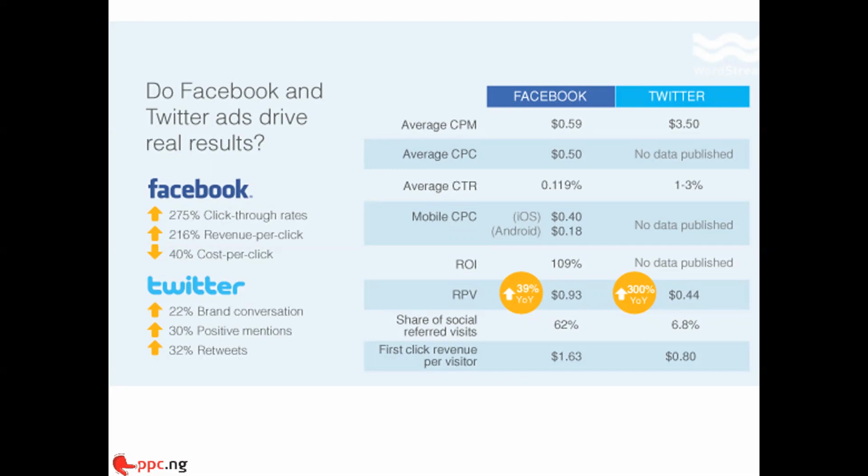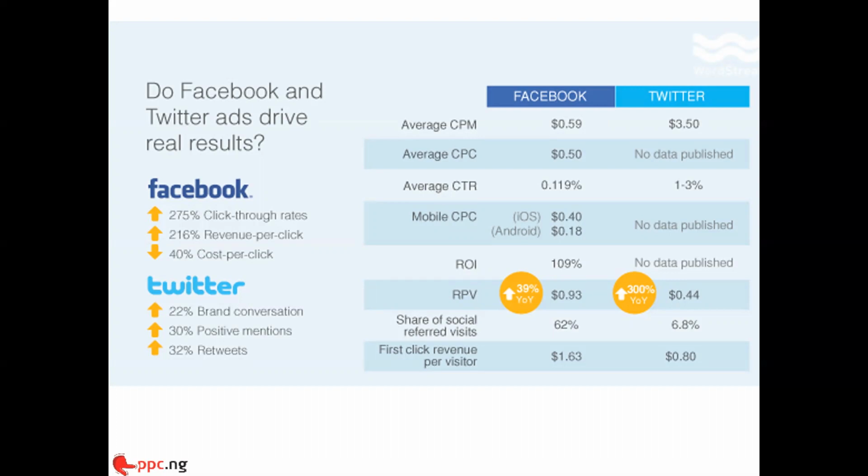In terms of CTR, the click through rate, the number of times your advert is being served and the number of times it's being clicked, times 100%, that's 1 to 3% for Twitter, which is quite better compared to Facebook, which is at 0.119. When it comes to the mobile CPC, not published for Twitter, and so we can see all of these statistics just to compare Facebook and Twitter together.